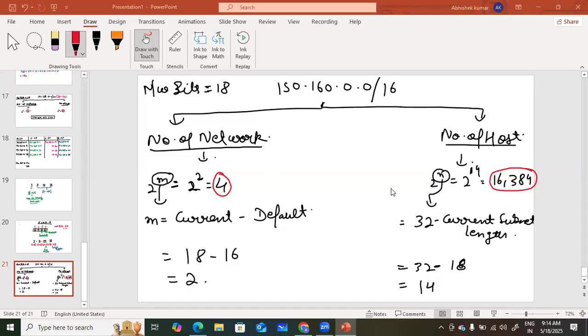So, can anyone tell me what will be the subnet mask for this? Exactly, you're right, Arvind. This is classless. The whole of subnetting is classless. Classful is only the default networks.